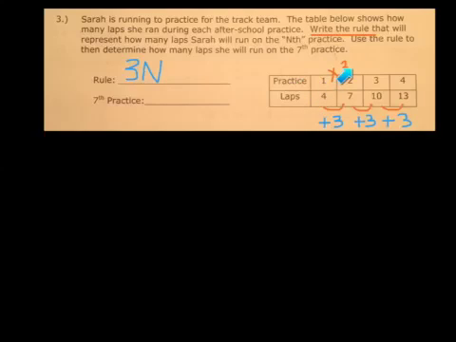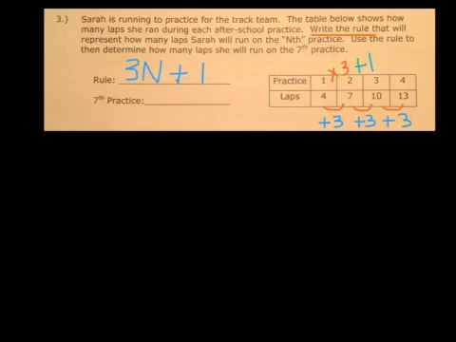Well, 1 times 3 is only 3, so how could I get to 4? I still need to add 1. And that doesn't look very dark, so I'll go over it with another color. So my rule is going to be multiply by 3 and then add 1, or 3n plus 1.